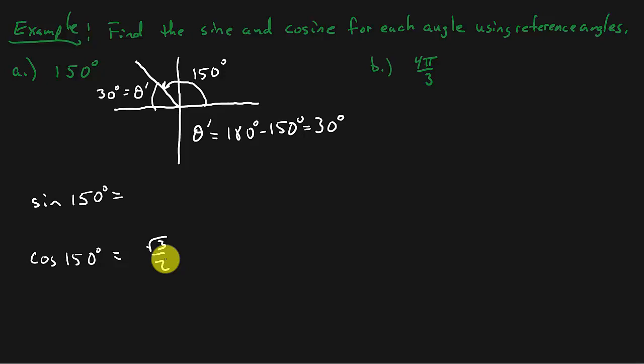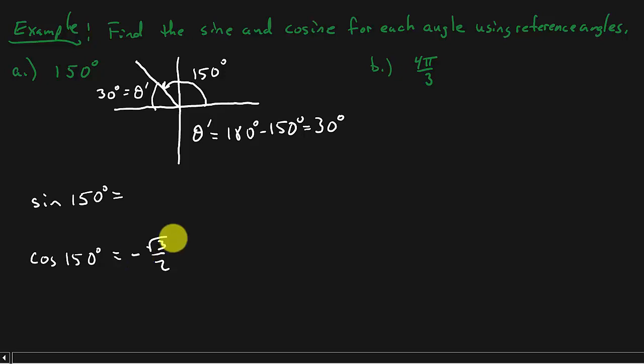Now, what quadrant are we in? We're in the second quadrant, right? 150 degrees is in the second quadrant. Is cosine positive or negative in the second quadrant? It's negative. So that's negative square root of 3 over 2.